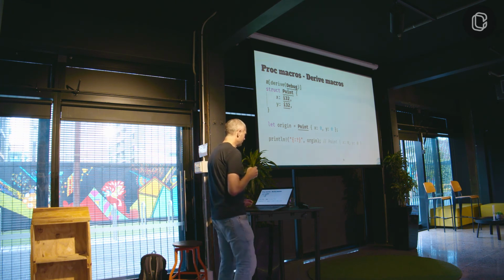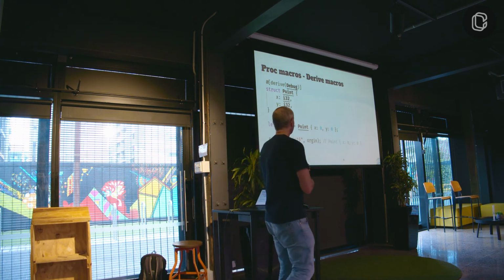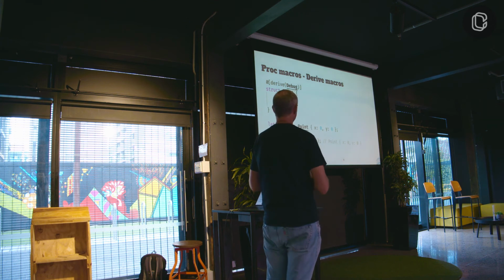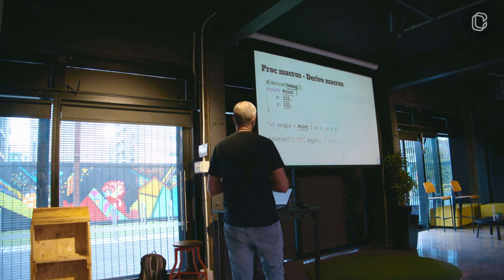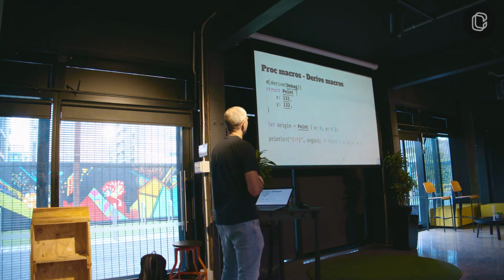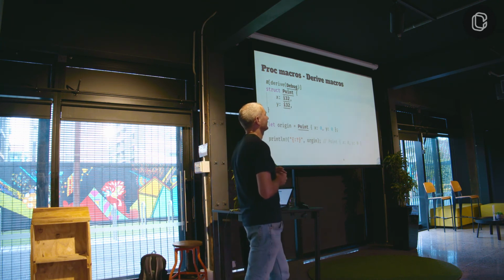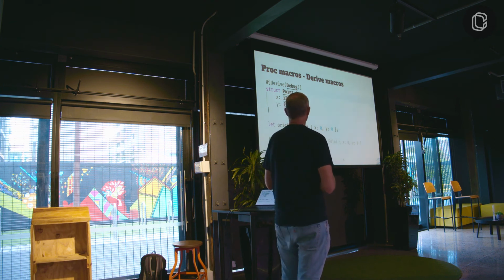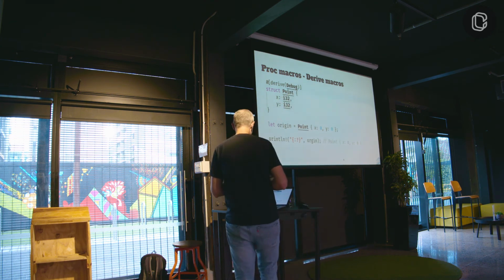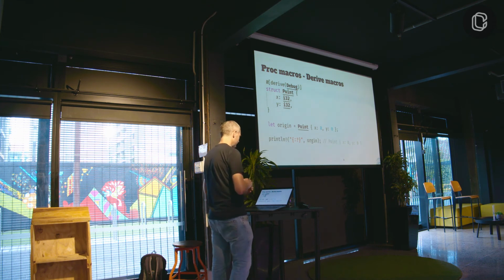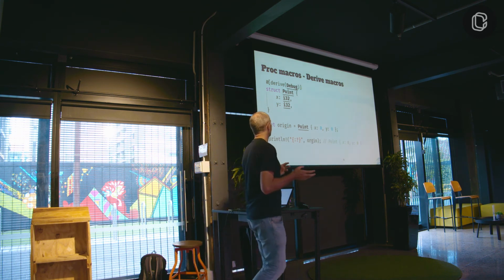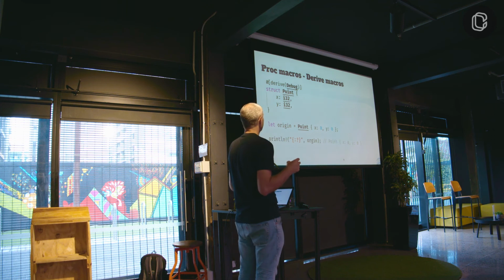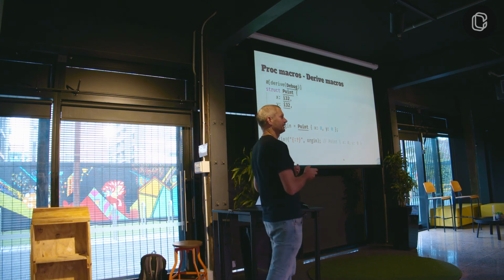So in terms of proc macros, there are 3 types of proc macros: derived macros, function-like macros, and attribute macros. In this particular case, the struct point has the debug derived macro being applied to it.